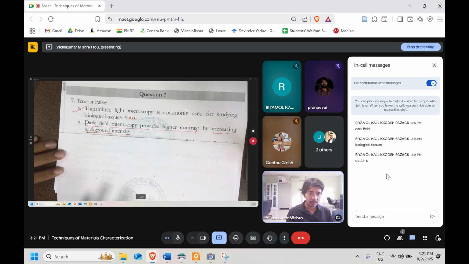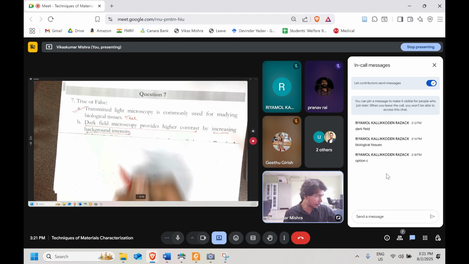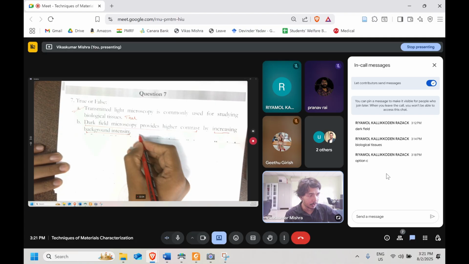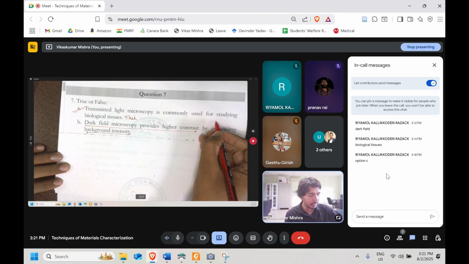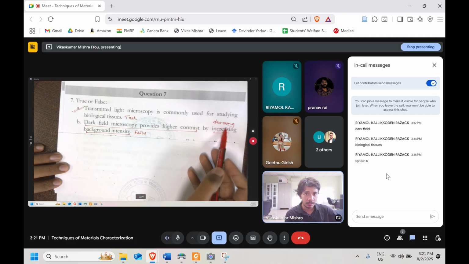If we increase the background intensity, it's not going to contribute; the contrast will decrease. So we need the background intensity to be as low as possible, not by increasing, but by decreasing. So here the answer is false. To make it true, we can write decreasing.